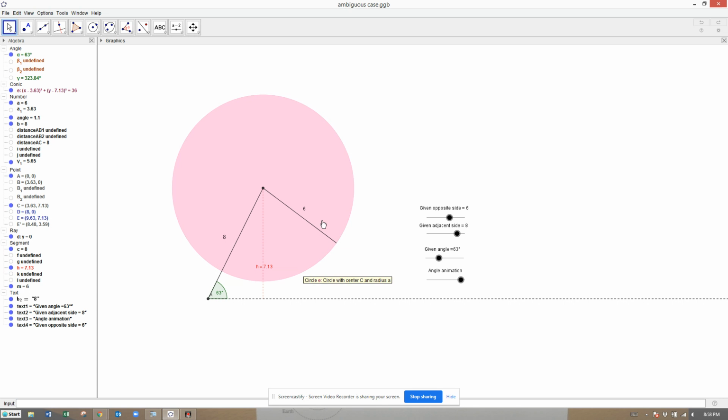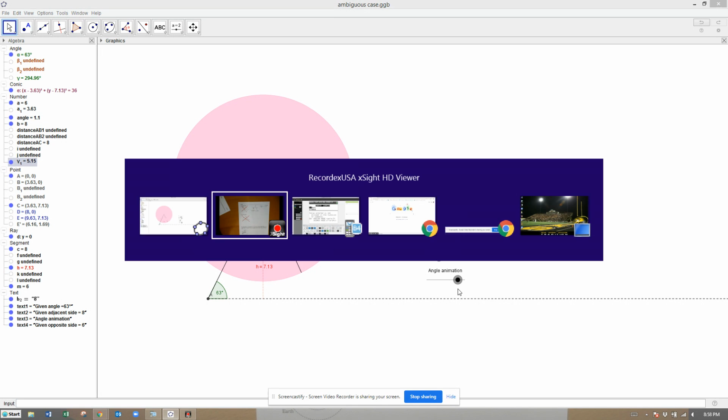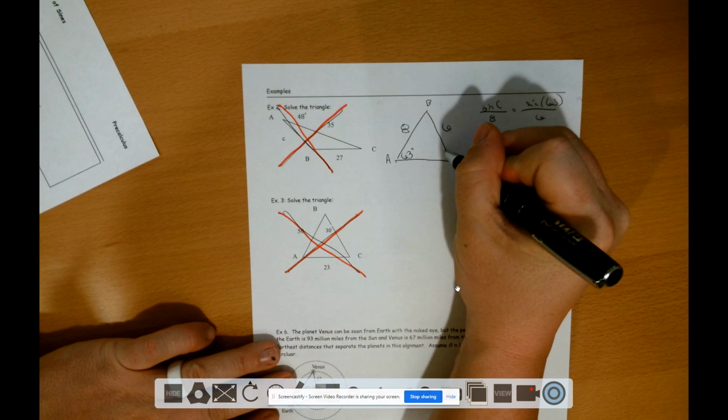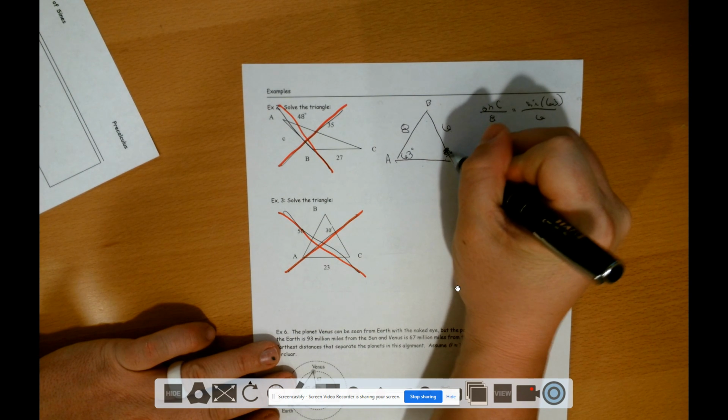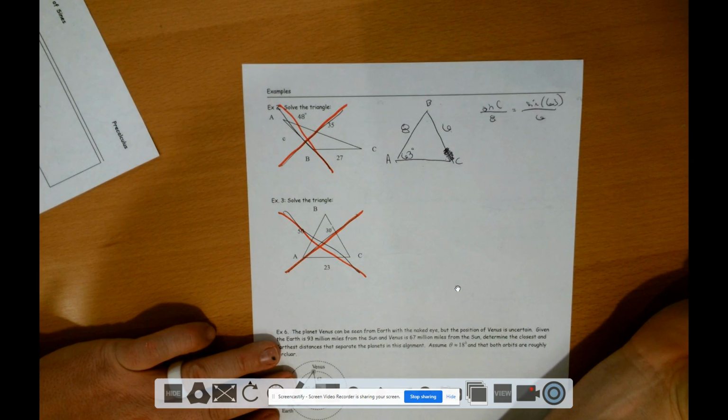If we look at this diagram here, we see that if we have a 63-degree angle and a side length 8, the height of this triangle happens to be 7.13, and my side length 6 is never going to complete the triangle. So in fact, when we have this triangle that's drawn right here, this space right here is actually missing, and there's a hole in our triangle.